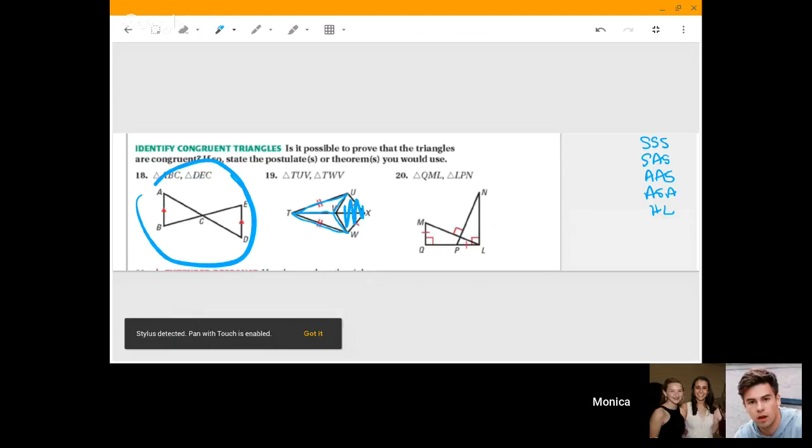So we're not concerned with any of that, right? I'm going to erase that just so it doesn't look messy. So when we look at these, we know that these two outside sides are congruent, right? And then we know that this is congruent because of the reflexive property. So what we do know right now is two sides, right?